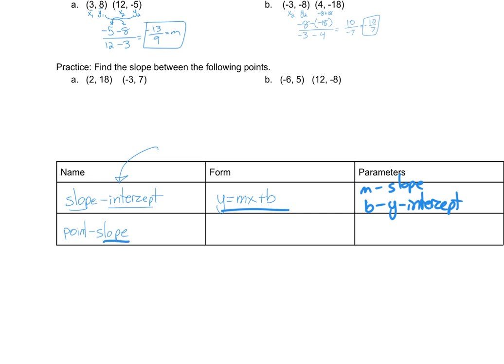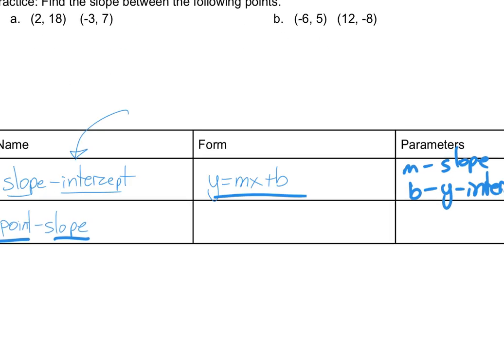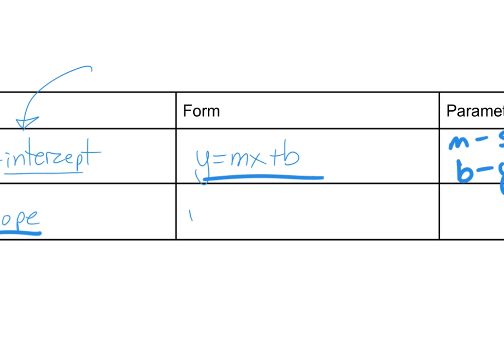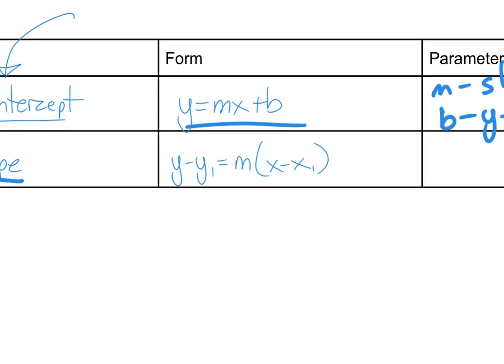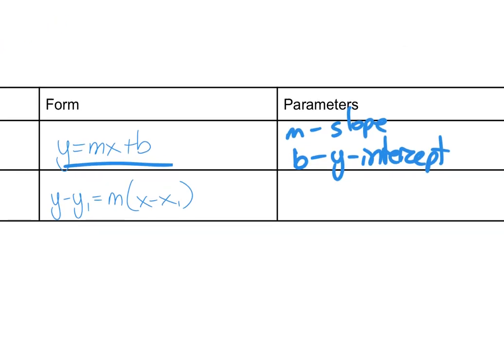However, if I have the slope and 1 point, which is going to happen a lot when we work with parallel and perpendicular lines, then I'm going to use the point-slope form. The point-slope form is y minus y1 equals m times x minus x1. What we will often do is take this form and change it to the slope-intercept form, but we start by writing the point-slope form.